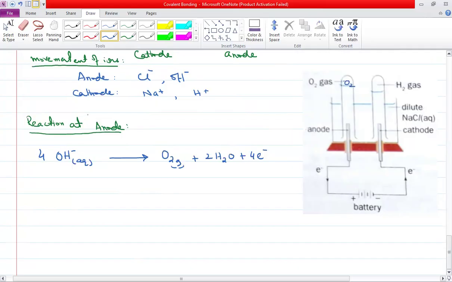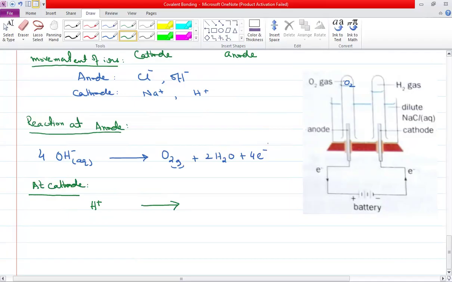Now at the cathode, what happens? Again sodium ion and hydrogen ion will reach, but only the less reactive ion will be discharged. The less reactive will be hydrogen ion, so hydrogen ion will be discharged at the cathode. Hydrogen is positively charged.